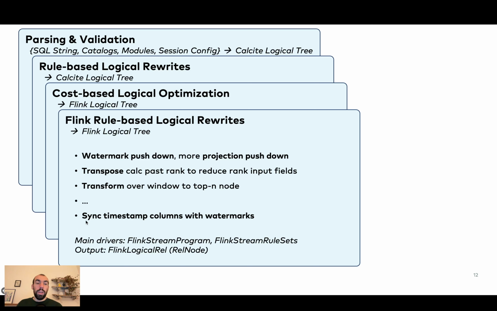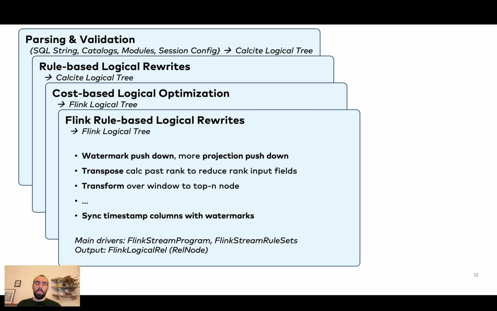And this is a very important thing to mention here, and I will definitely also cover that in a dedicated video. This phase also makes sure that the timestamp column, the event time column, is in sync with the watermarks. So if you, for example, have defined a watermark for column X, the engine needs to make sure that this column X will not be modified by you.